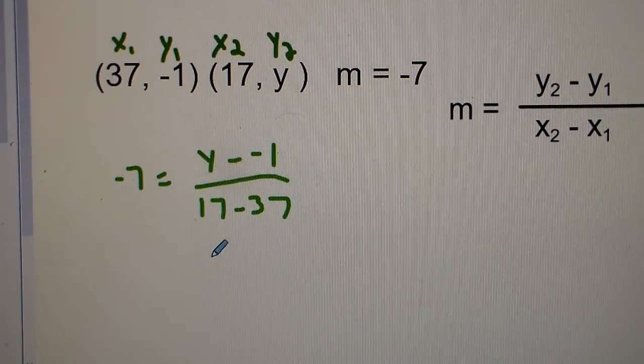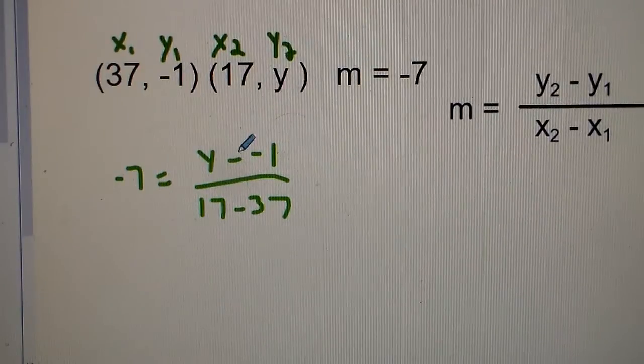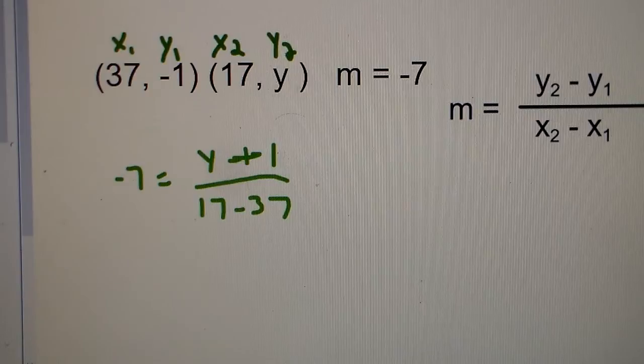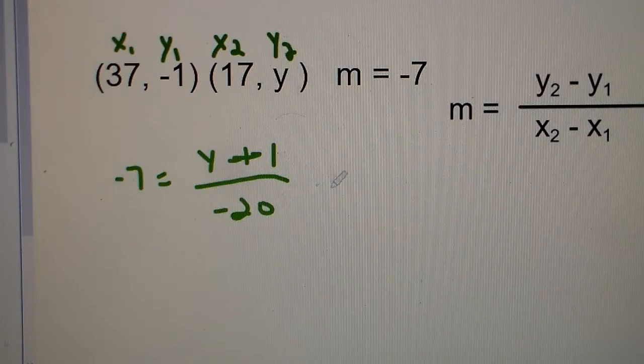2 minuses make a plus, so that's really y plus 1. 17 minus 37 is really -20, so that simplifies down to -20. Multiply both sides by -20, and you're going to get 140.